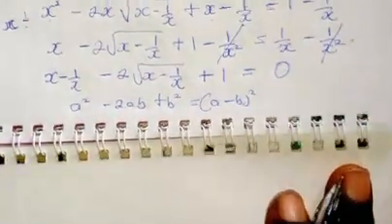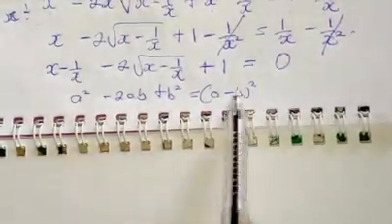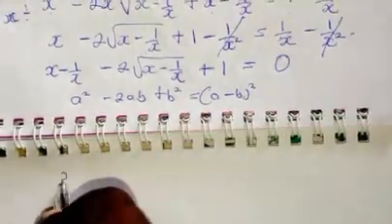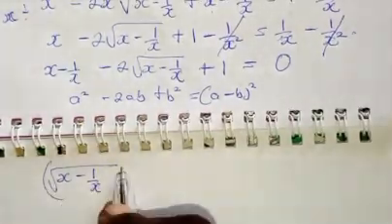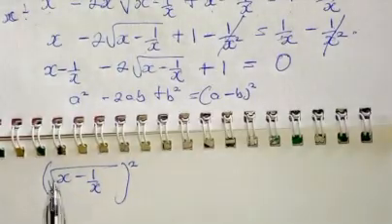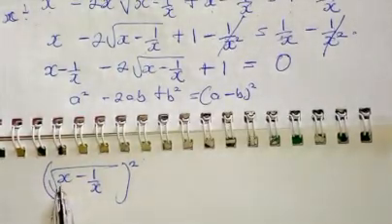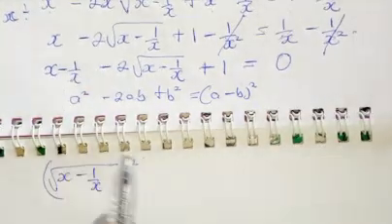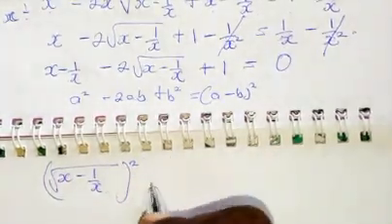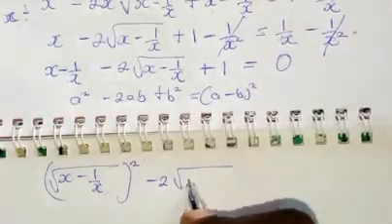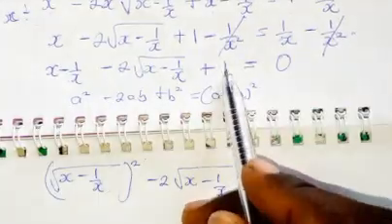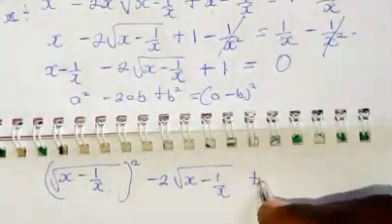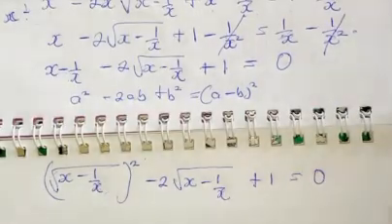So now, do you know that we can write this in this form by saying x minus 1 over x root and raised to the power of 2. The root will cancel the power and we'll be left with this. So this is the same as this. Here now we have minus 2 root x minus 1 over x, and the square of 1 is still 1, so just plus 1 is equals to 0.